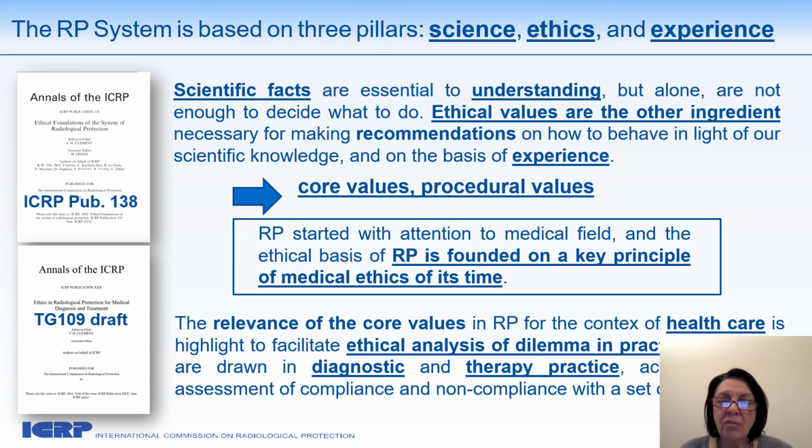Core values and procedural values have been evaluated in ICRP 138, and the relevance of core values in radiation protection in the context of health care is taken up in the draft of Task Group 109, also in ethical analysis for dilemma practices.